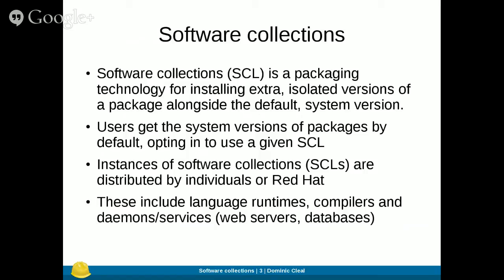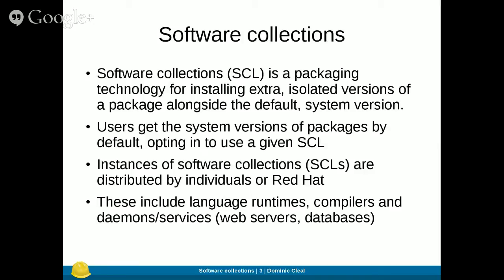So software collections are a packaging technology, and the term is overloaded a little, so I'll just explain this. Software collections are a way of using RPMs to install additional versions of a piece of software alongside defaults. So you can have, for example, the default version of Python on EL6 plus additional versions of Python installed alongside.